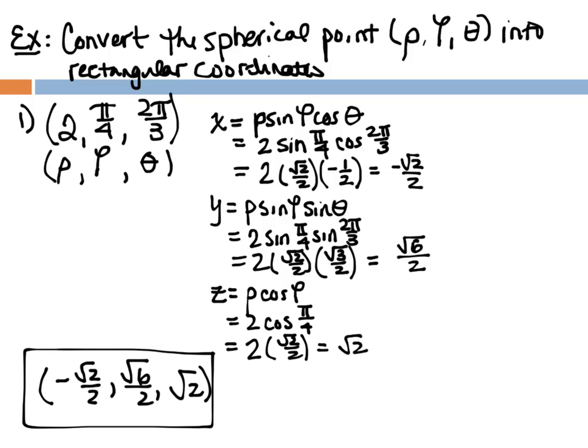Okay, we're going to do the conversion in the other way because that's actually a little bit more helpful for what we're going to be working on with integration, right? Taking rectangular and turning it into spherical. I'm not going to do it for a coordinate like an ordered triple. I'm going to do it for an equation in this one.